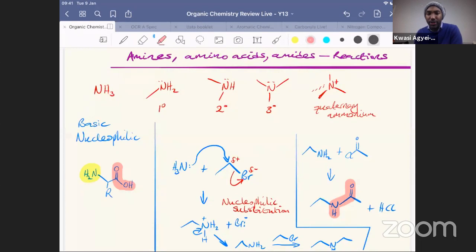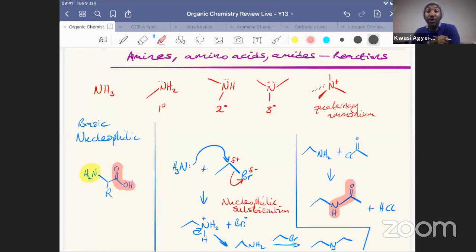For this particular reaction, we don't need to worry about the mechanism. We just need to know the product formed is an amide, and that you do end up with a small molecule. It's a condensation reaction, so you do end up with a small molecule, in this case, hydrochloric acid. So you can apply the formation of the amide shown here to the amino acid reacting with a carboxylic acid group.